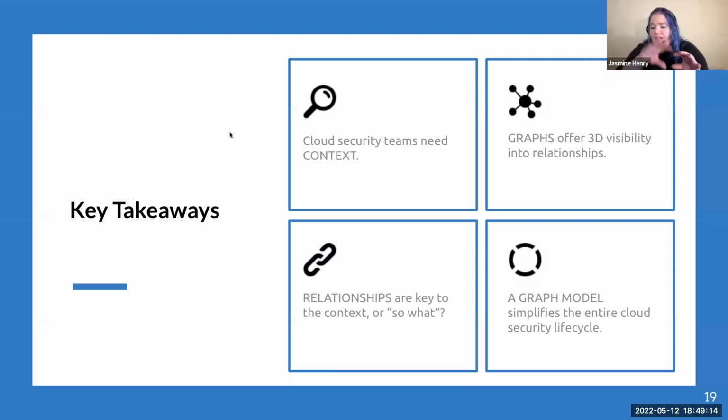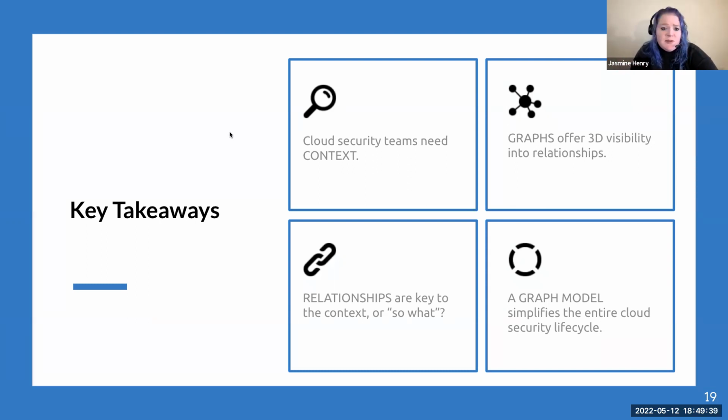They think about relationships because they might breach something and then try to escalate their privileges and get into the valuable stuff. So graphs allow us to have less of a disadvantage against the attackers, and they allow us to see the relationships, which is really the interesting, juicy part of security.